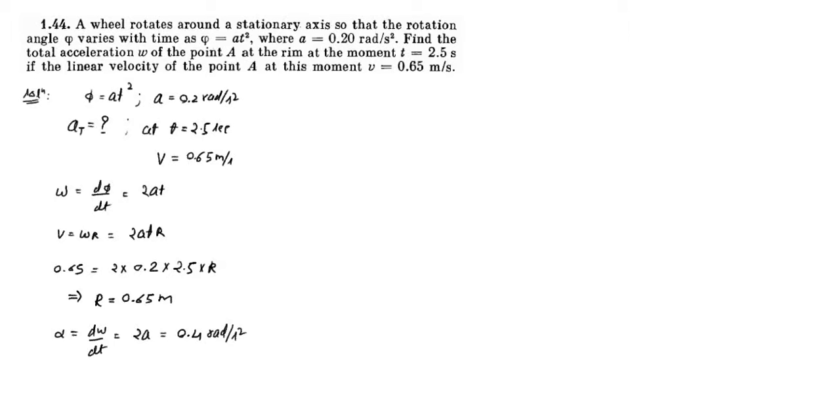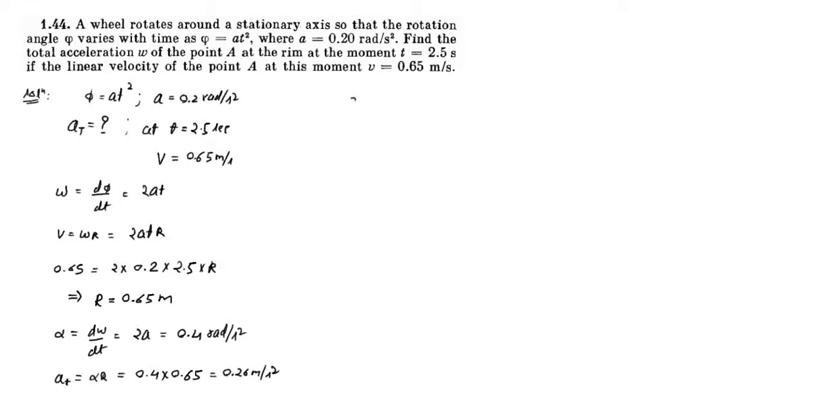Now tangential acceleration is equal to alpha into r. So this will be 0.4 into 0.65, which is equal to 0.26 meter per second square. So this is the tangential acceleration.